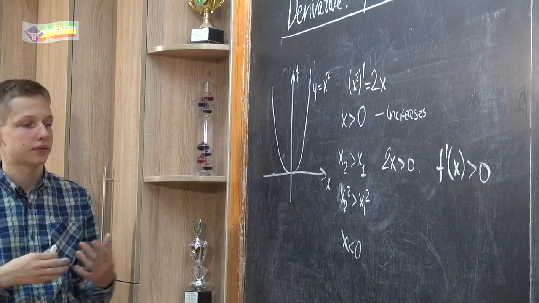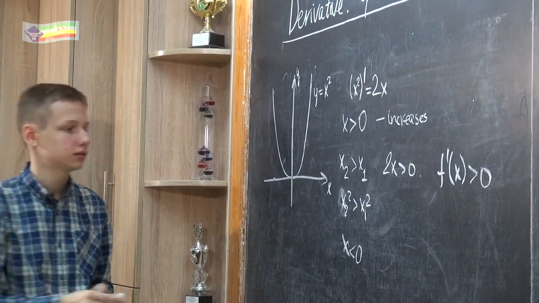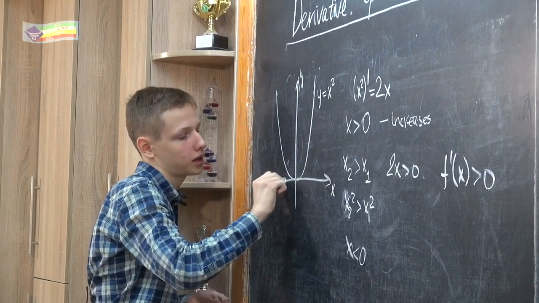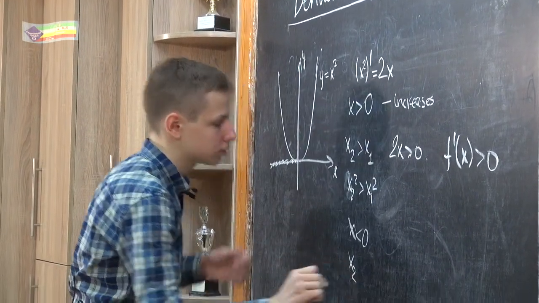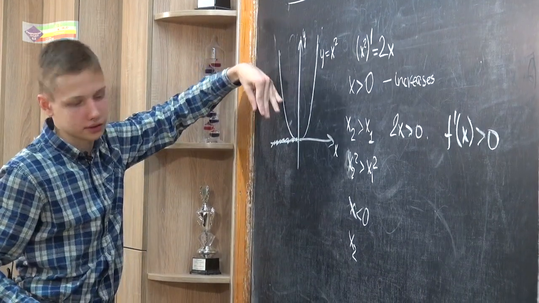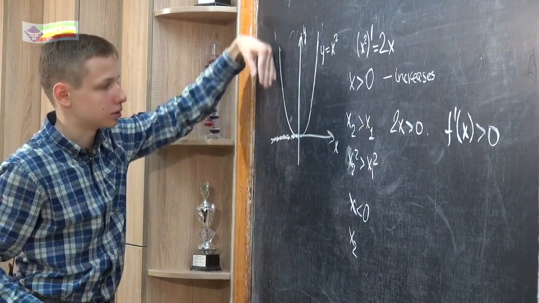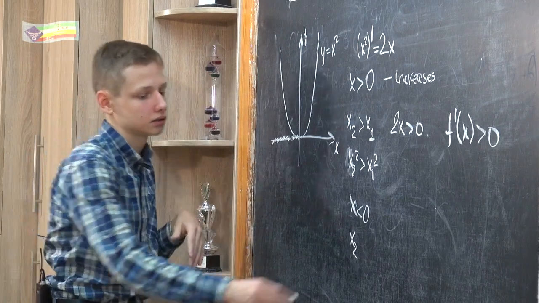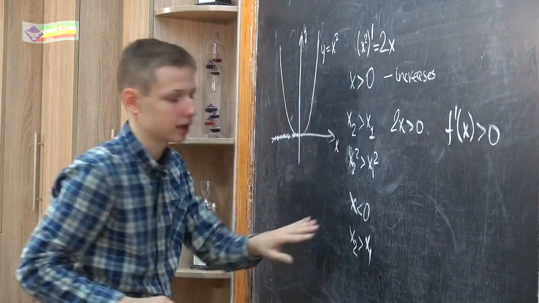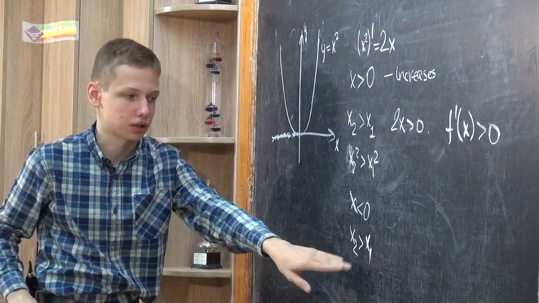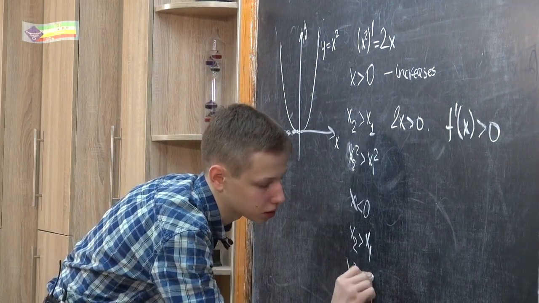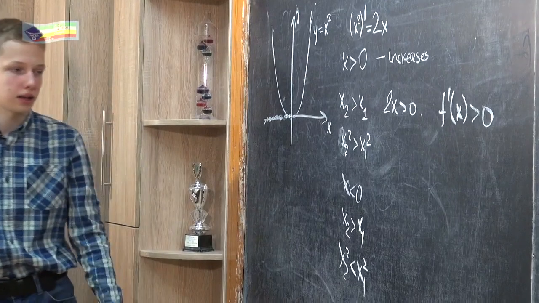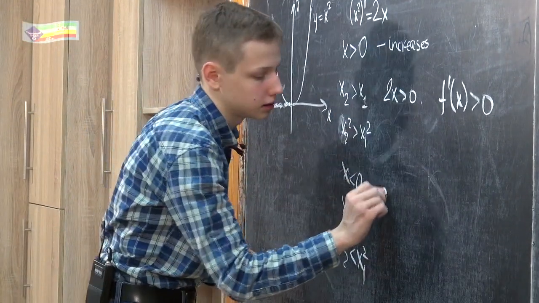Now, if we have x smaller than 0, for this domain we can see that the function is constantly decreasing, and if we take again some bigger x2 than x1, then x2 squared will be smaller than x1 squared. And that means that our function decreases.